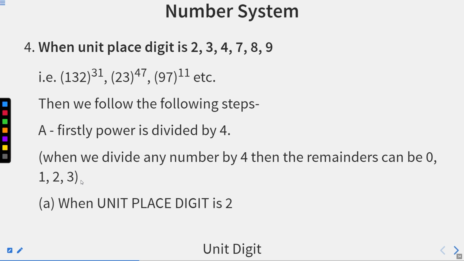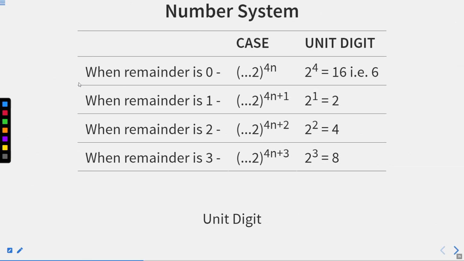When the unit place digit is 2, in that case, after dividing the power with 4, if the remainder turns out to be 0, the unit digit is going to be 6.